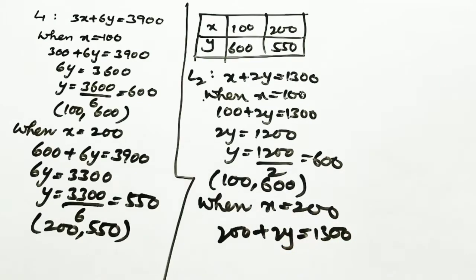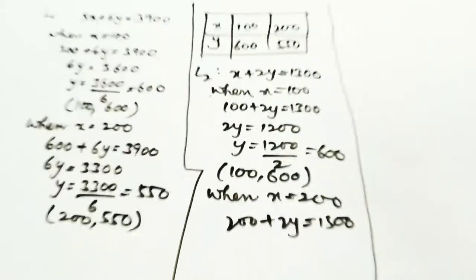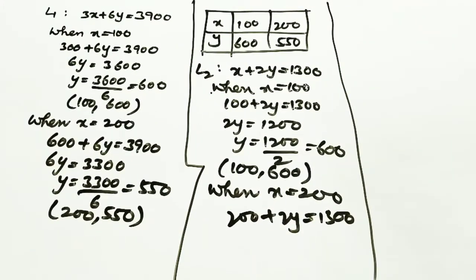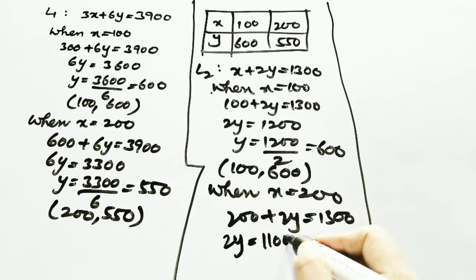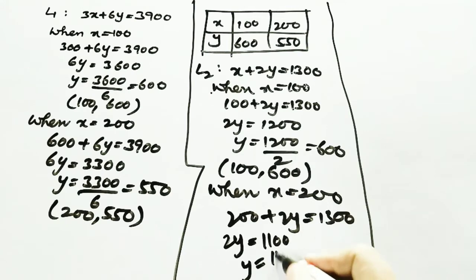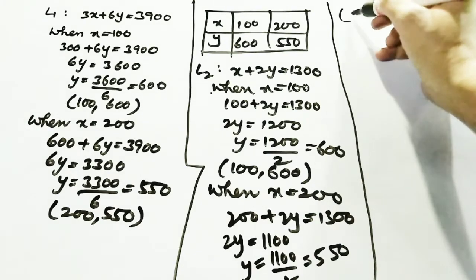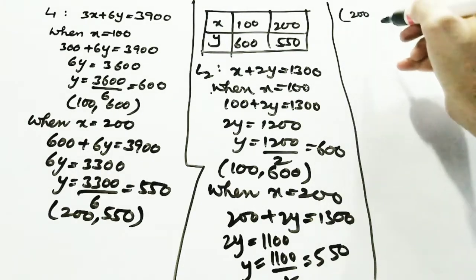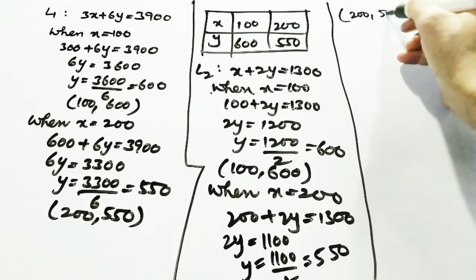So 2y equal to 1300 minus 200, you will get 1100. y equal to 1100 by 2, you will get 550. So when x is 200, y is 550.